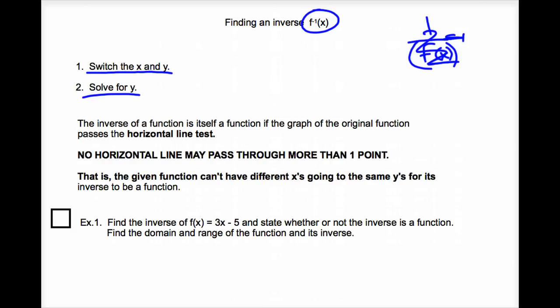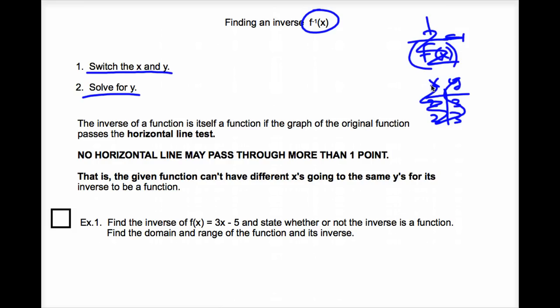The problem was same x's going to different y's. That doesn't make any sense. So we said a vertical line test takes care of that. In a table, if I had 2 and I said it goes to 3, when you plug in 2, you better get 3 again. Otherwise, it's not a function. That doesn't make sense. If I tell you to plug in 2, you should only get 1 answer.